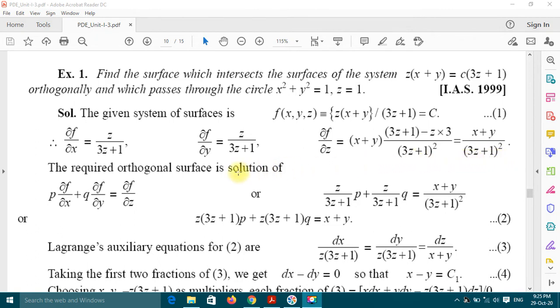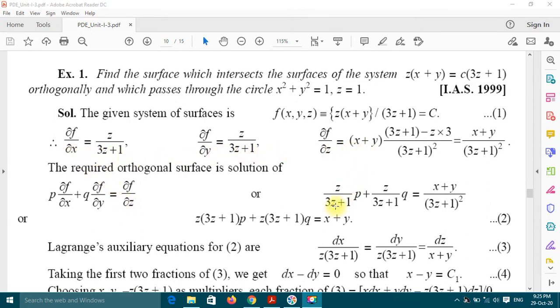You know, the equation of the required orthogonal surface is given by p ∂f/∂x + q ∂f/∂y = ∂f/∂z. Now substitute the values of ∂f/∂x, ∂f/∂y, and ∂f/∂z from above.